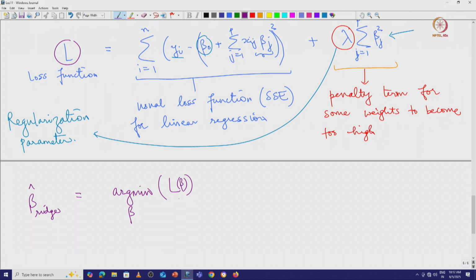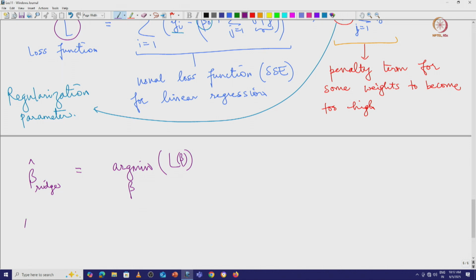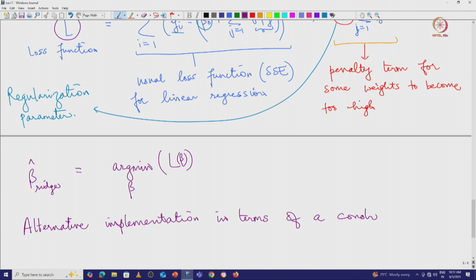There is another way of implementing it. You can add it as a constraint as well. So an alternative implementation in terms of a constraint rather than a penalty term within the loss function itself, right.